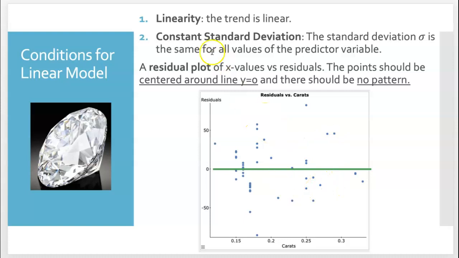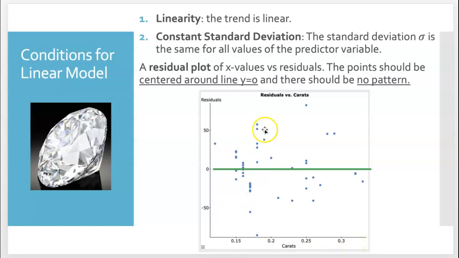Now, as far as constant standard deviation, what we're looking for here is no pattern. As long as there's no pattern, that is an indication that you have constant standard deviation, that these errors are just scattered all around between pretty much negative 50 and 50, no matter what the carat size.